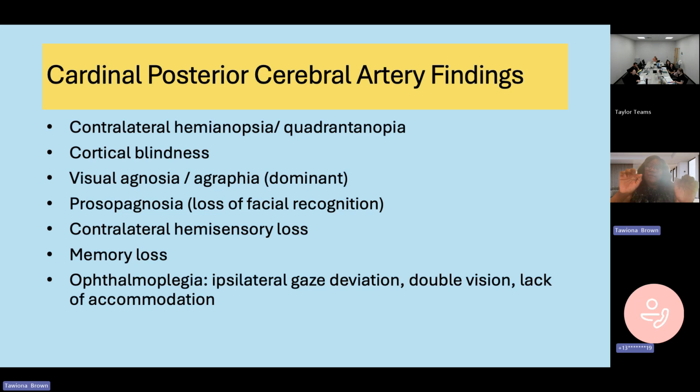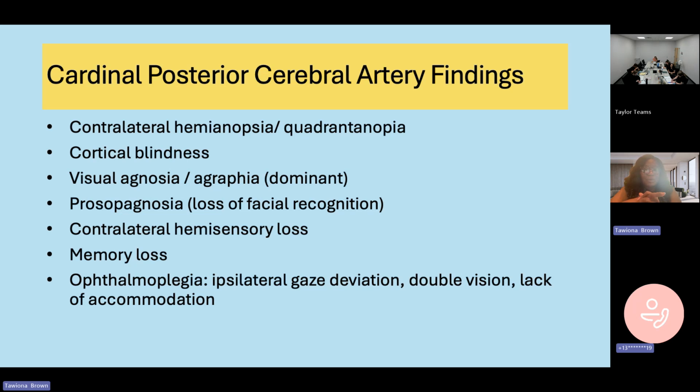So when you have a lack of blood supply to those striations that go directly or indirectly to the primary visual cortex, you can have quadrantanopsia. You can have cortical blindness, where you can totally not see out of one eye, left or right, or the vision is really blurry and you can only see shapes. You can have visual agnosia, meaning you have no idea what you're looking at.